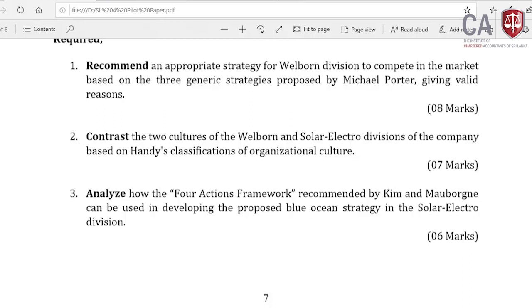At the first question, recommend an appropriate strategy for Wellborn division to compete in the market based on the 3 generic strategies proposed by Michael Porter, giving valid reasons. How many marks are allocated for this? 8 marks. In the exam, approximately how many minutes can you take on this?